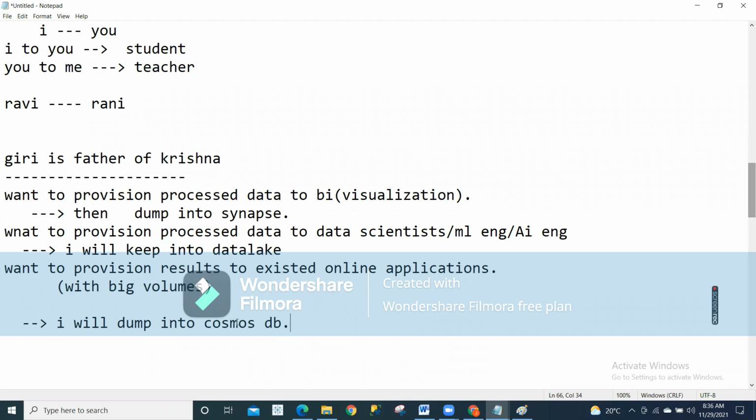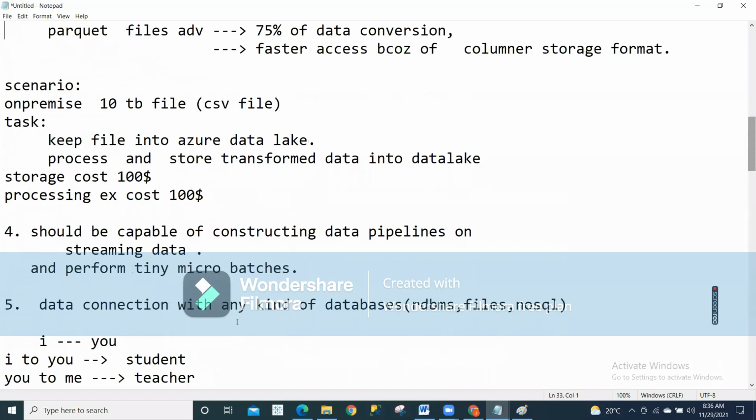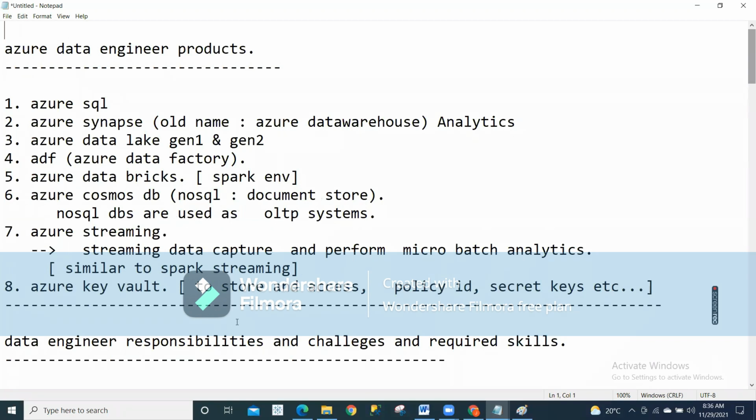Understood all of you? It depends on to whom I am provisioning, and that is important for me. Okay, this is the general working style. I hope all of you understood the difference between regular ETL and this data engineering.